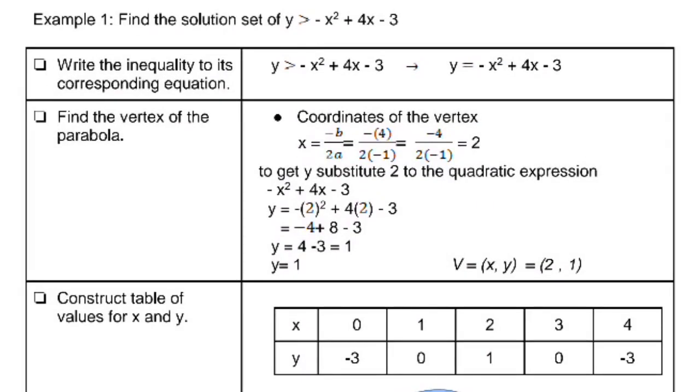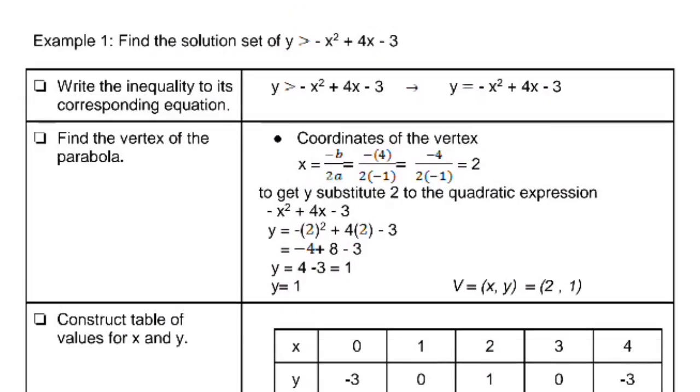So let's have example number 1. Find the solution set of y greater than negative x squared plus 4x minus 3. First, write the inequality as its corresponding equation. So we're going to have y equals negative x squared plus 4x minus 3. Then second step, find the vertex of the parabola.